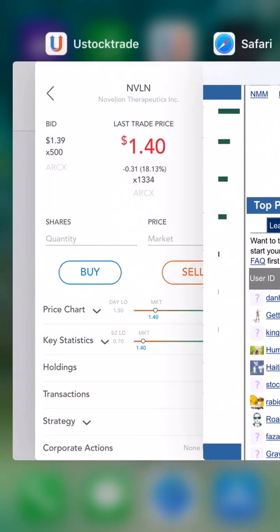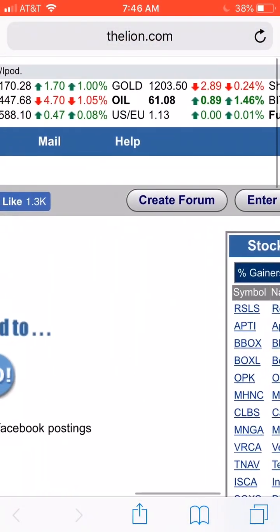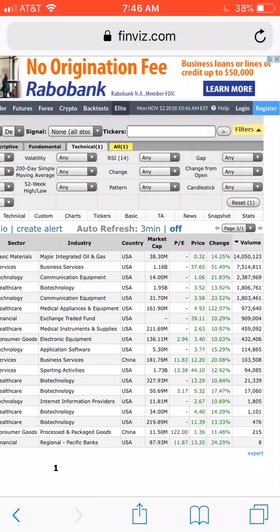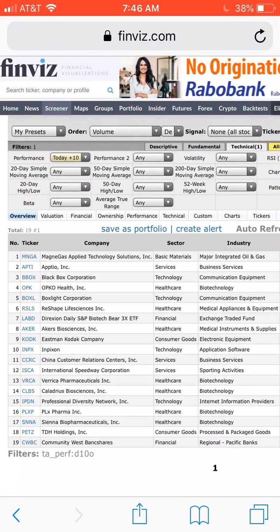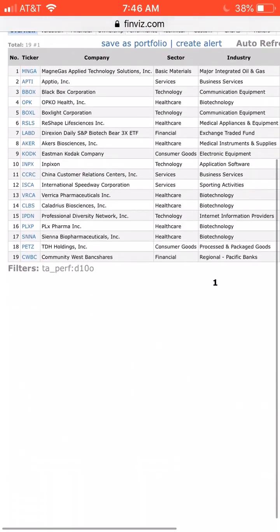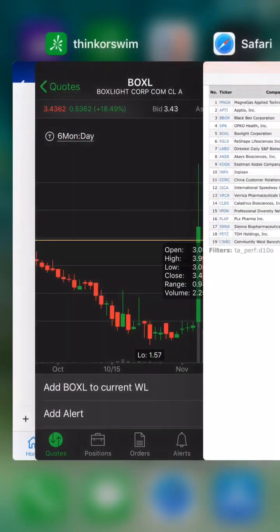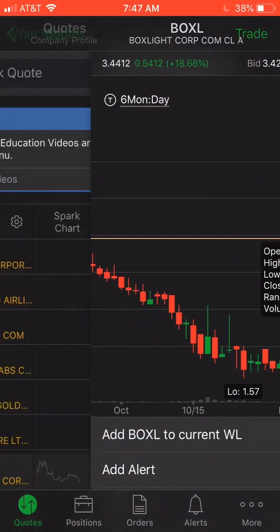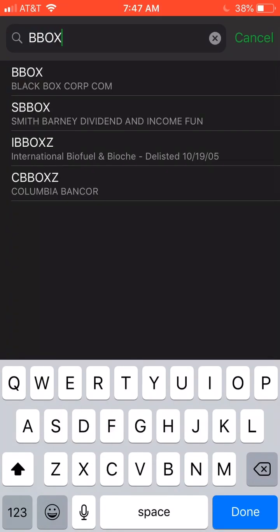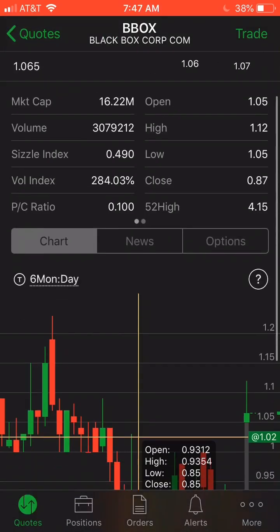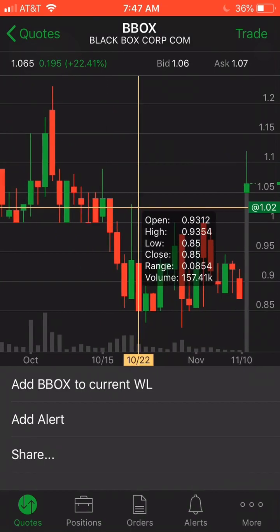So I will just take one more look. BBOX, I just want to take another peek at that stock. This was the one that kind of gapped up.